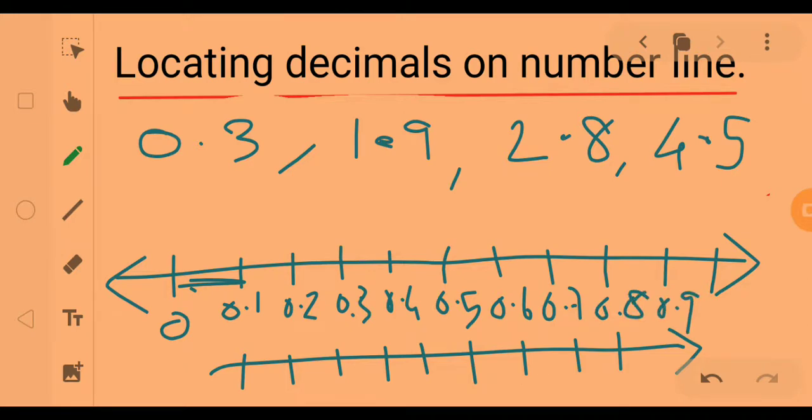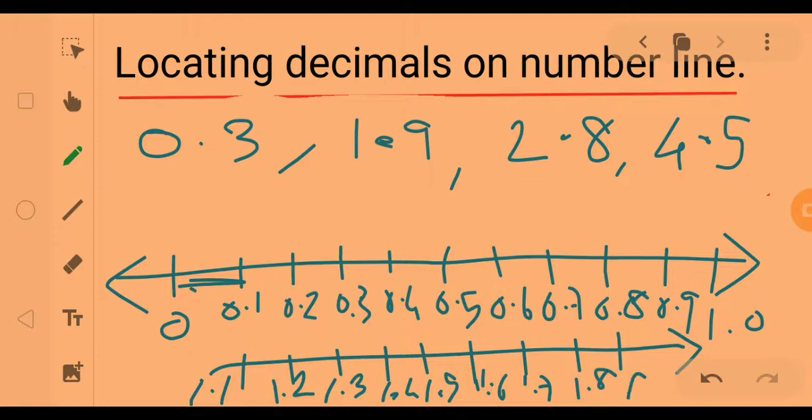After 0.9 it is 1, so 1.0 I can write as 1. Then 1.1, 1.2, 1.3, 1.4, 1.5, 1.6, 1.7, 1.8, then 1.9 and so on.